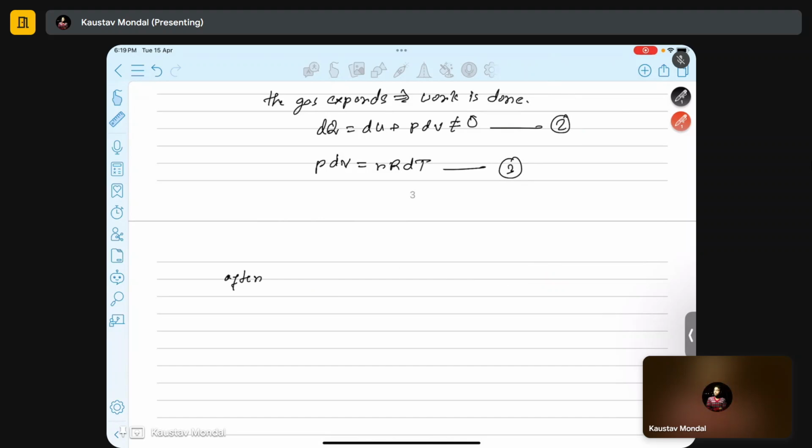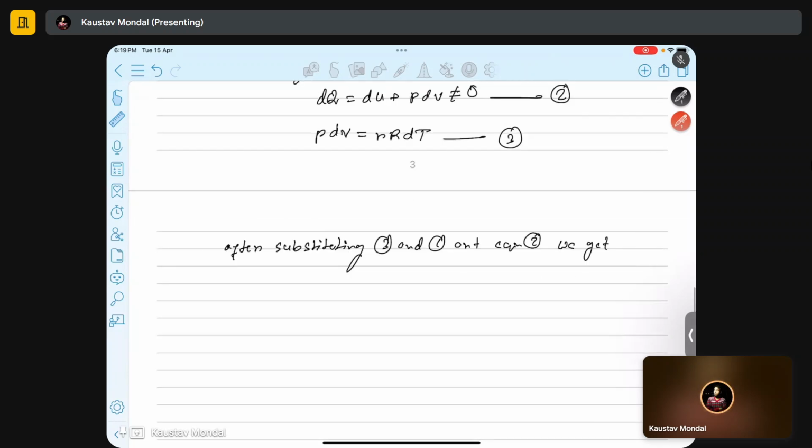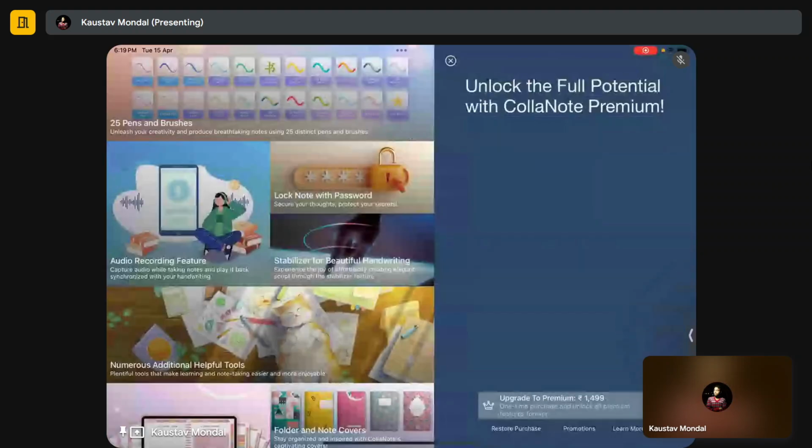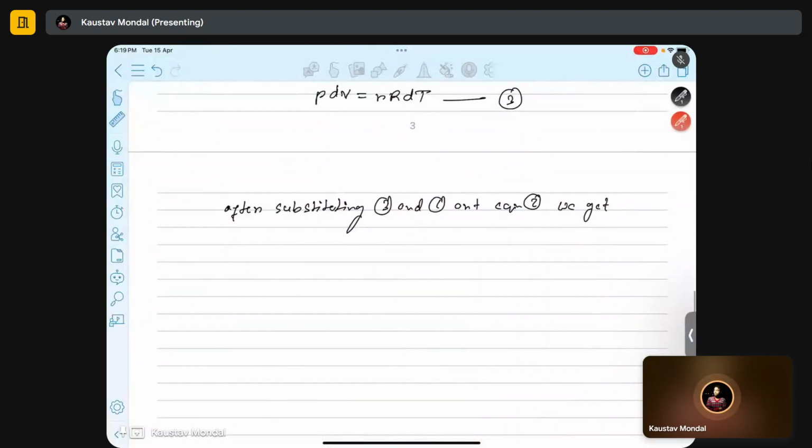After substituting 3 and 1 into equation 2, we get dq equals nCv dT plus nR dT.